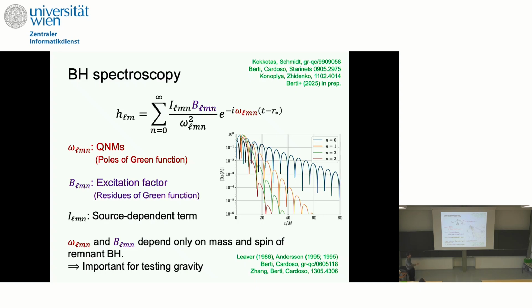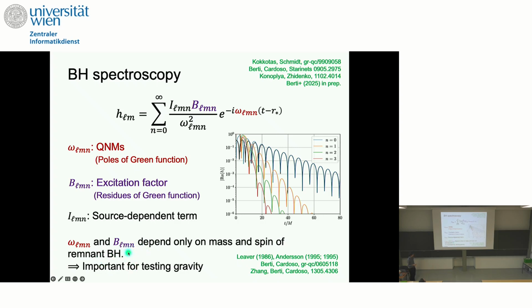If you continue that process for ringdown gravitational waves, you can perform the integral of the Green function and source term, separating the source-dependent term and the source-independent term. Here omega is the QNM frequency, B is the so-called excitation factor, and I is the source-dependent term. Omega and B do not depend on the source, and depend only on the mass and spin of the remnant black hole, in the context of ringdown.